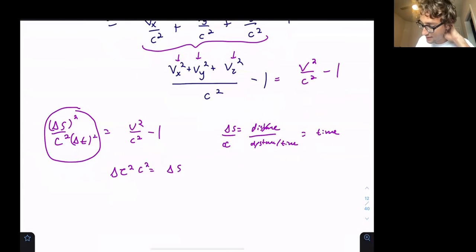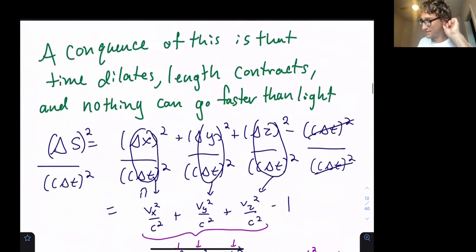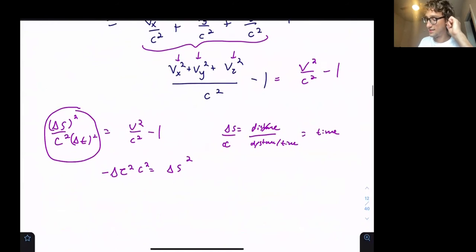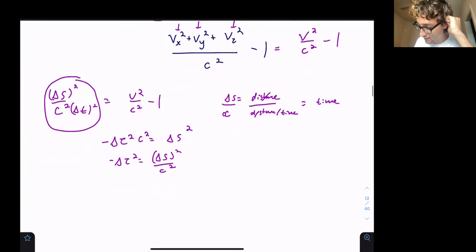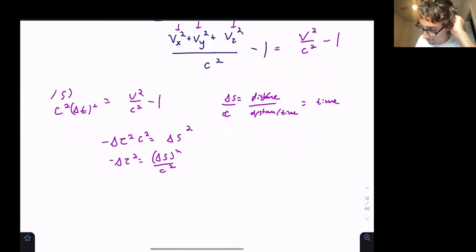And going back to this line element, we see that time comes in with a minus sign. So that's just minus d tau squared times c squared, and that's ds squared. So d tau squared equals ds squared over c squared. And then we just make this replacement.